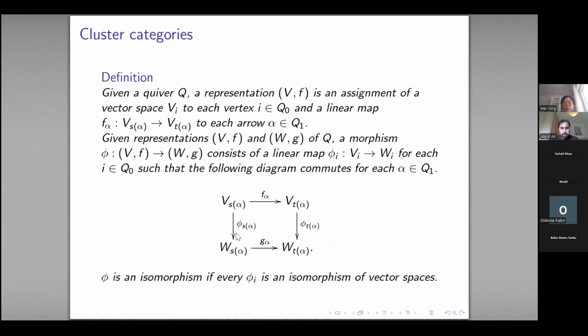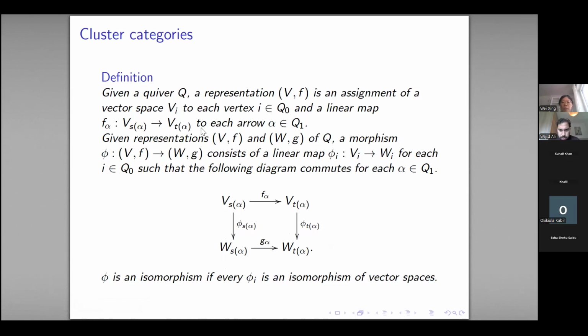And the morphism between them is the collection of such linear maps corresponding to each vertex, such that this diagram commutes. And moreover, phi is an isomorphism if every phi_i is an isomorphism of vector spaces.